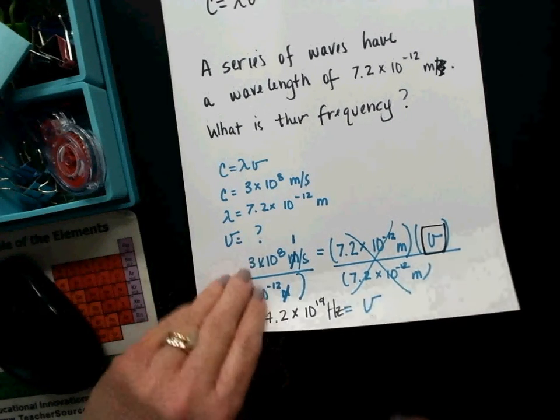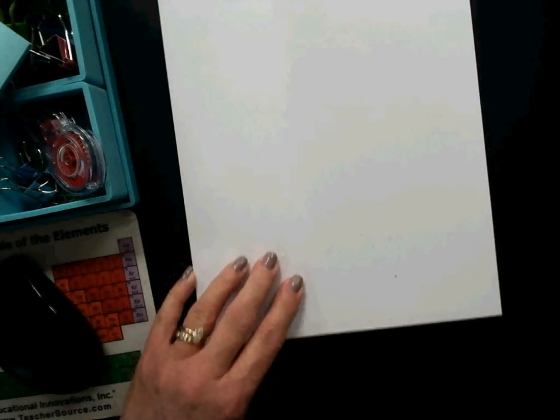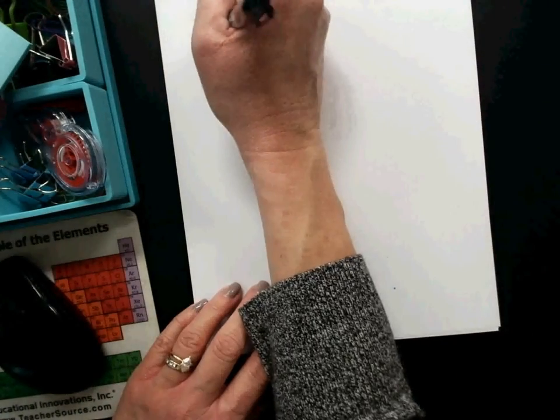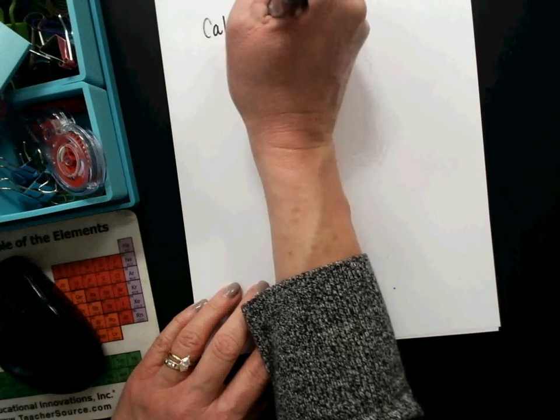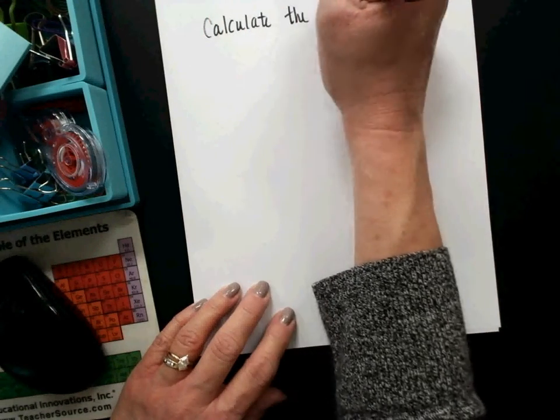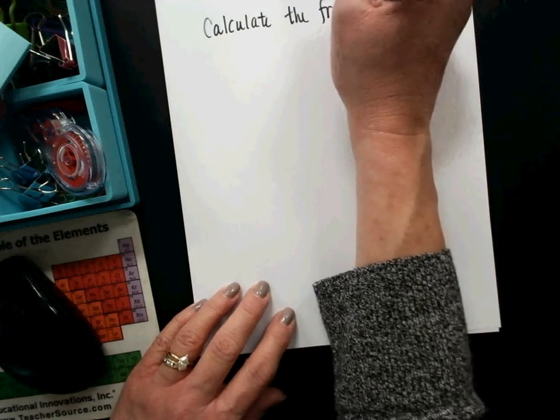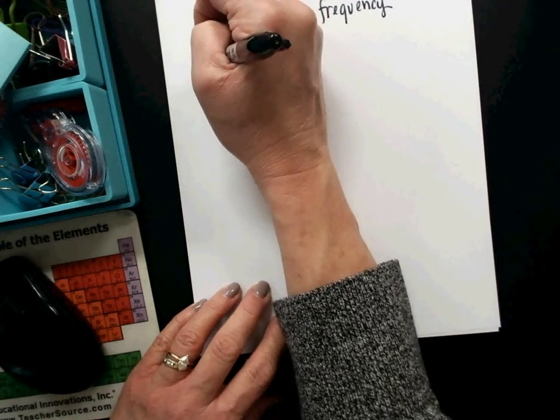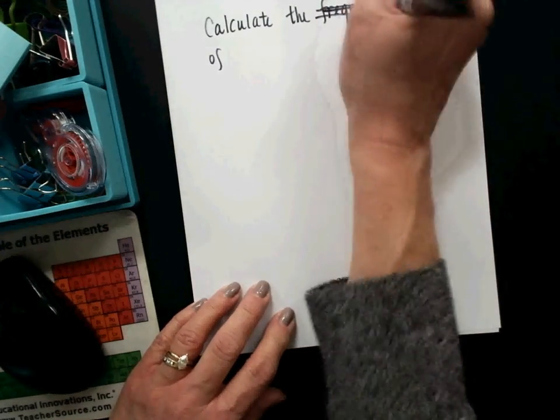All right, I'm going to give you another one to try. I'm not going to do it. I'm going to let you do it. Calculate the frequency. No, let's do the wavelength.